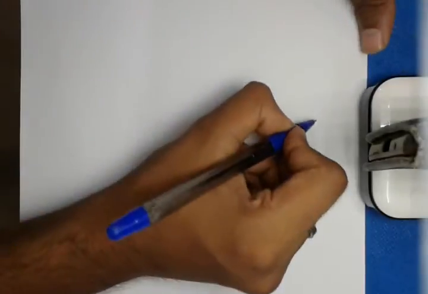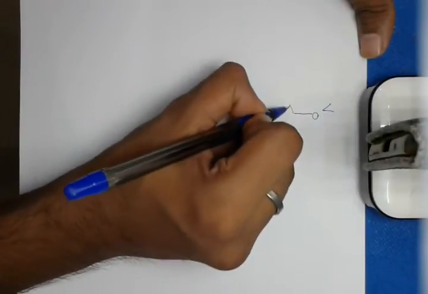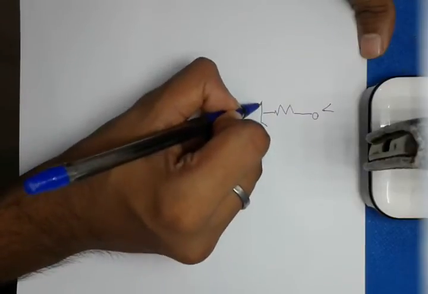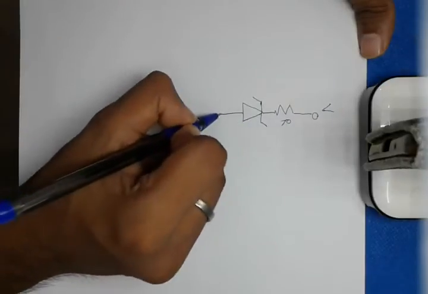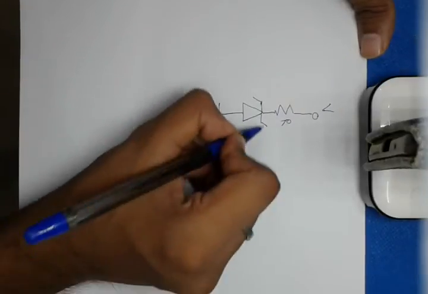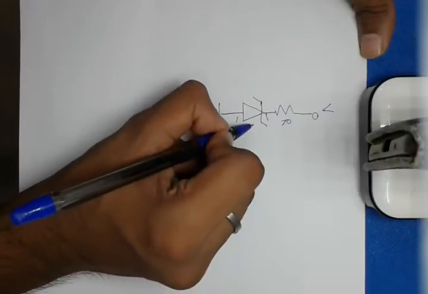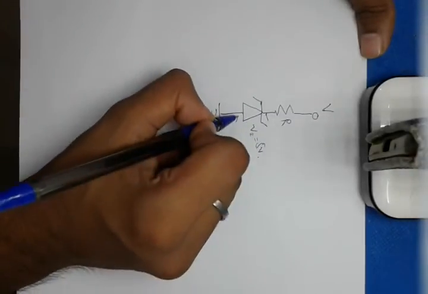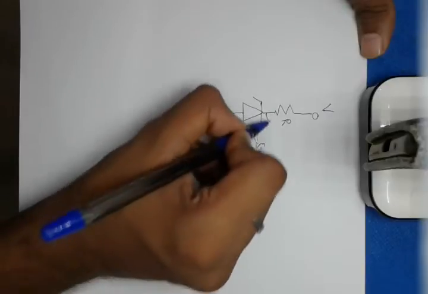How? Let me show you. Let us take a voltage V and make an arrangement with a series resistor and a Zener diode. Let the Zener diode's Vz be equal to 5 volts, so there will always be 5 volts across this diode.